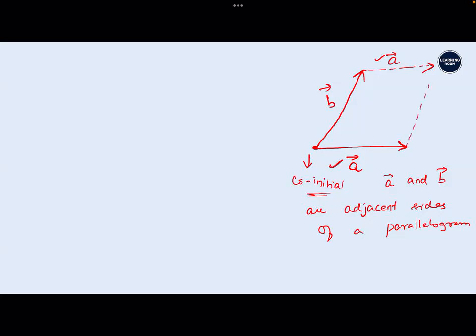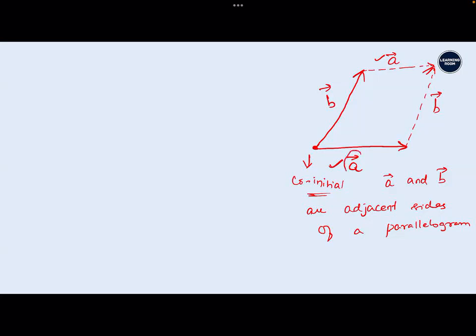Similarly, I will construct another vector which is parallel to B, which I'll call B vector, so that we are able to complete a parallelogram. So basically, how many vectors are there?